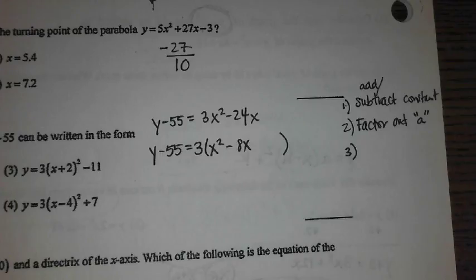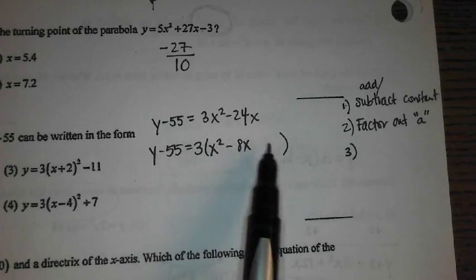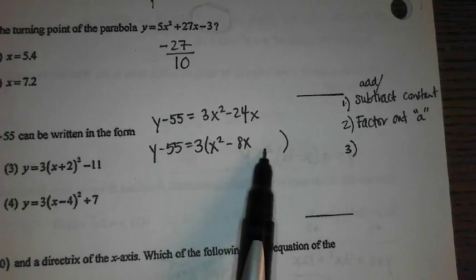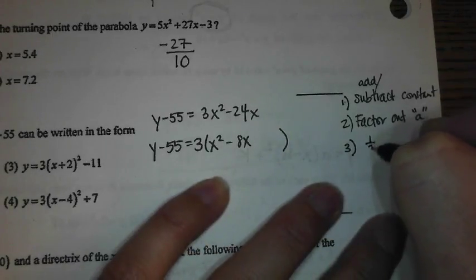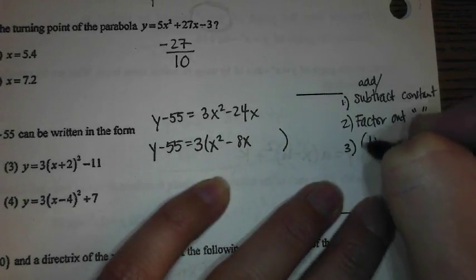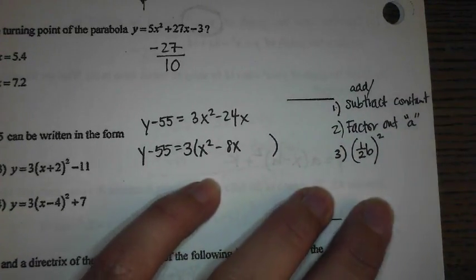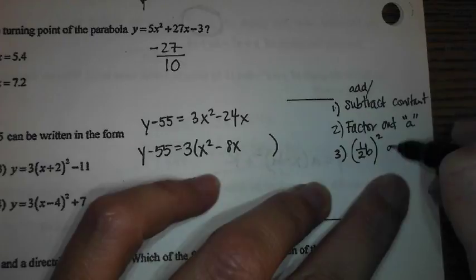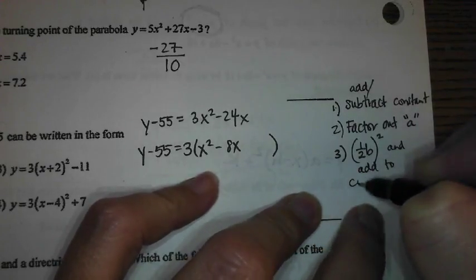We're not ready to do that yet. We actually have to complete the square. How do you figure out what to add in here to complete the square? Right. We take half of b and then square it. Correct. And add to complete the square.